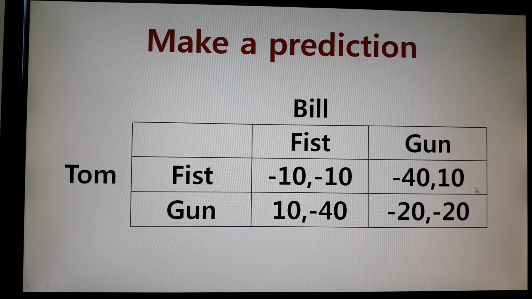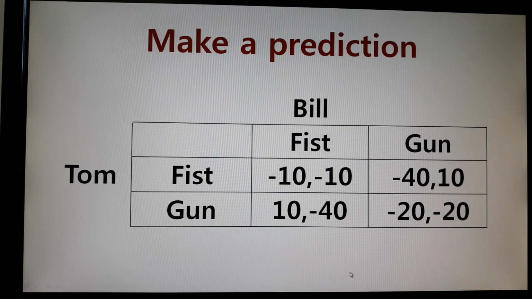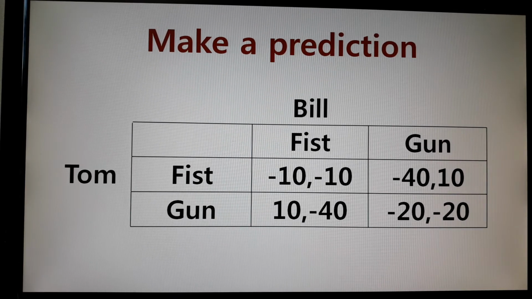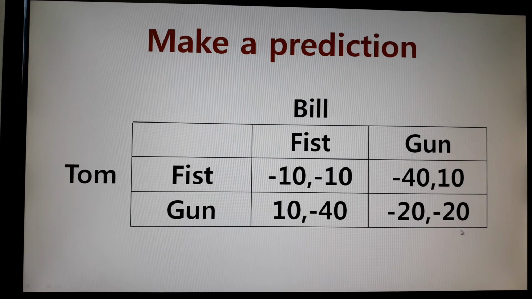But if Tom does not have a gun and Bill knows that, Bill would proudly approach Tom and shoot him from a very short distance. So the probability of Tom getting injured is much higher, and more painful. Okay, that's how I explain this game.